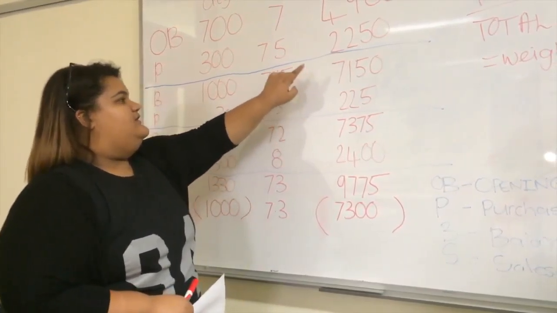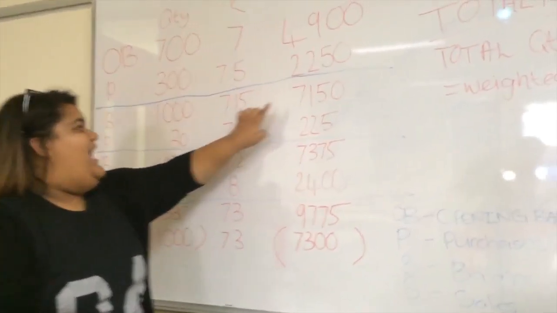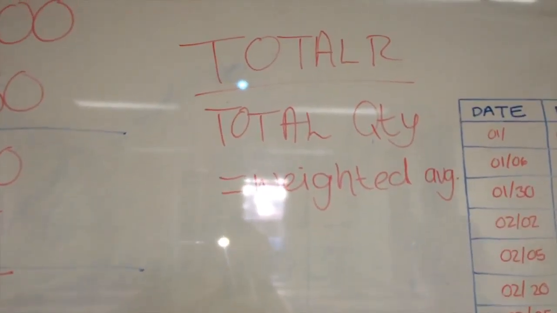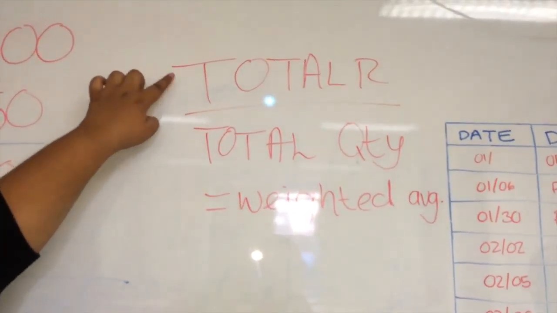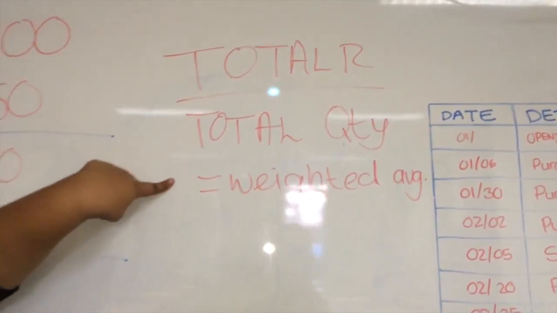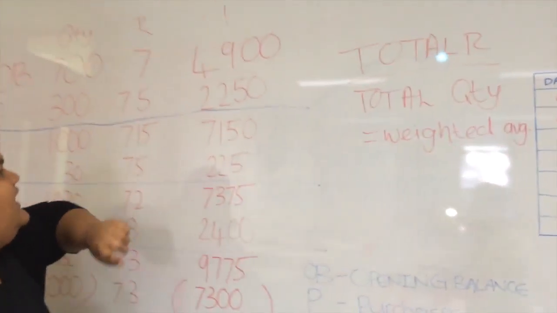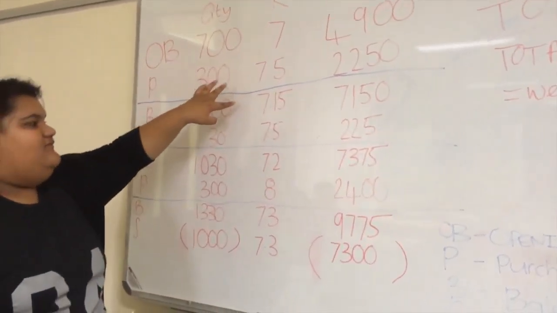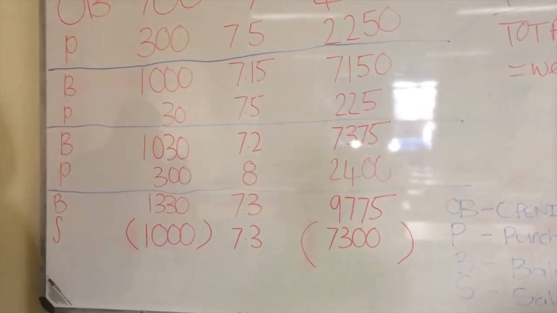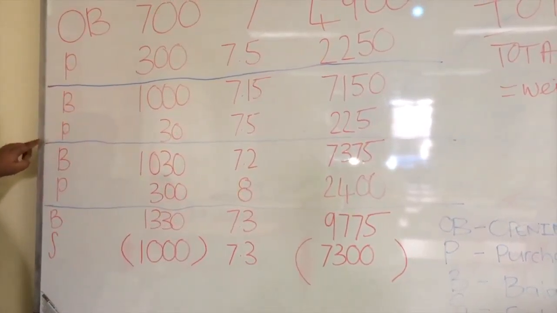We took the total Rand value and we divided it by the quantity, which you can see here. Total Rand value divided by total quantity gives you your weighted average amount. And this gave us a Rand value of 7 Rand 15. We then see that we had another purchase.